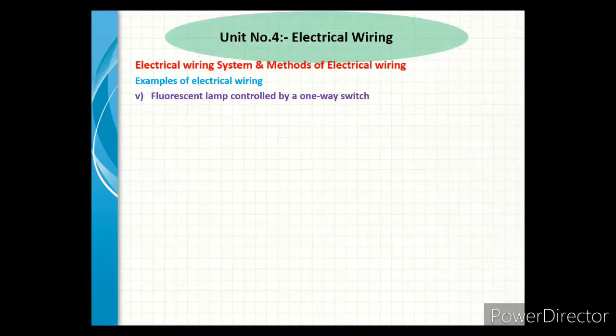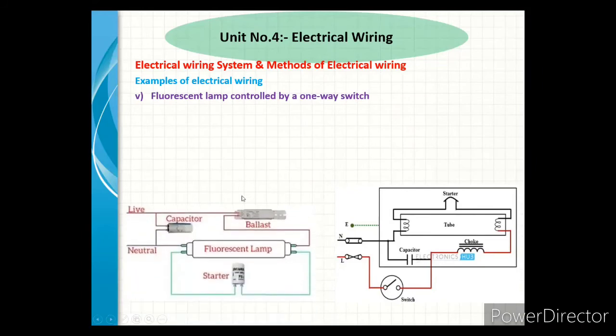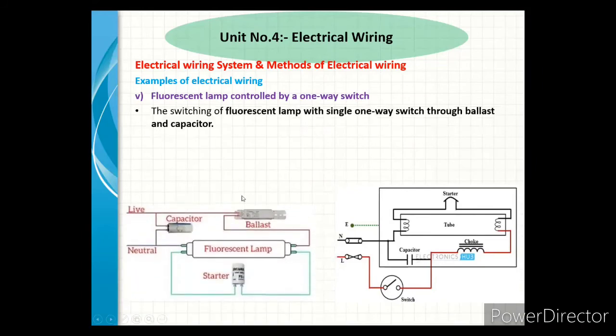The fifth example is a fluorescent lamp controlled by a one-way switch. The switching of a fluorescent lamp with a single one-way switch is done through a ballast and capacitor.